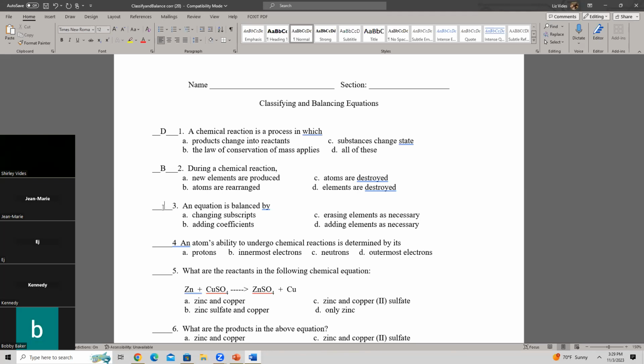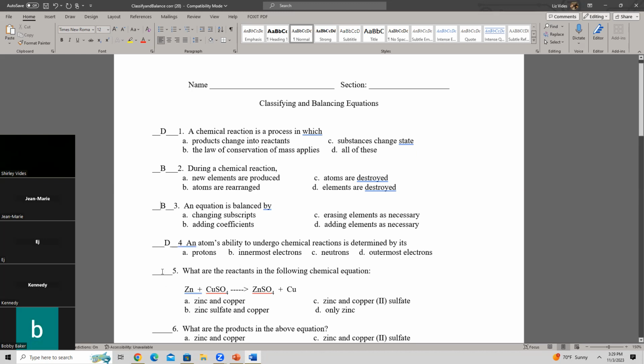Adding coefficients, correct. And the other one, an atom's ability to undergo chemical reactions is determined by what? The outermost electrons. Correct. Because the middle ones do not matter.